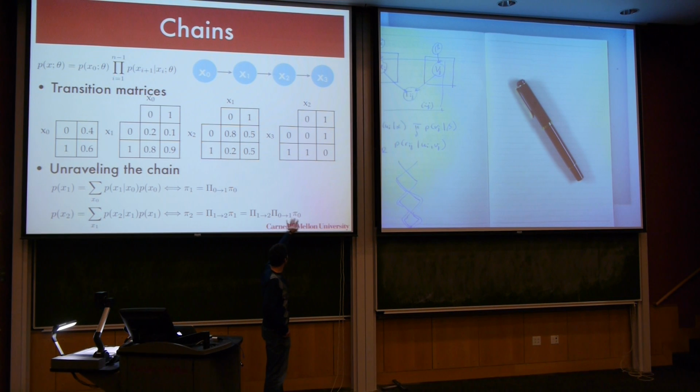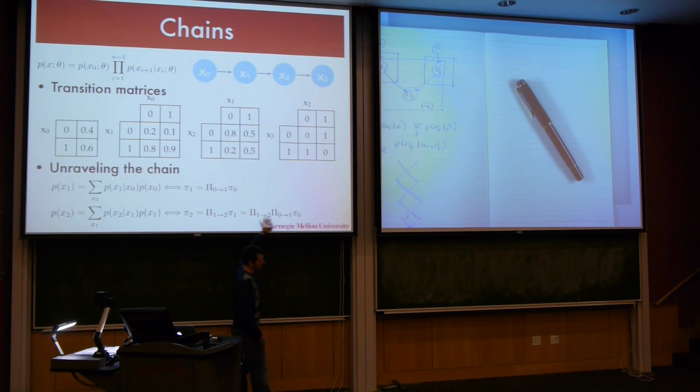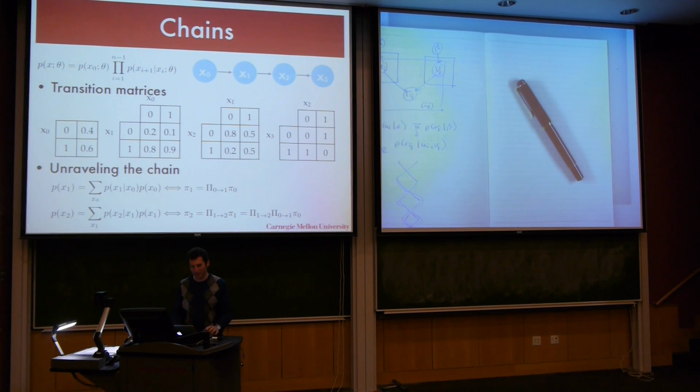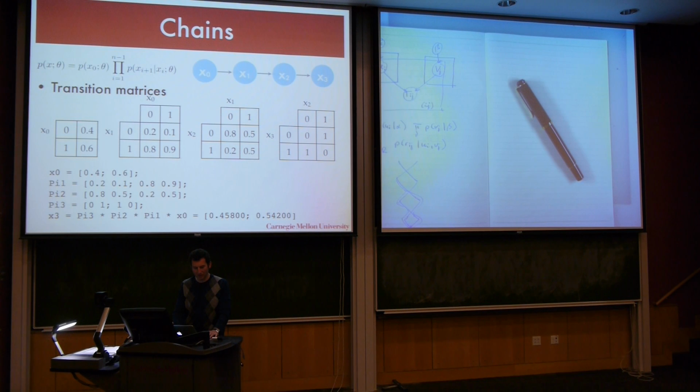Some papers might define this matrix as its transpose, so you might see some variant of that. Let's put some MATLAB code to that. So here's what you do, right? You define those 3 matrices, you define the vector, and that allows you to work out the final state.